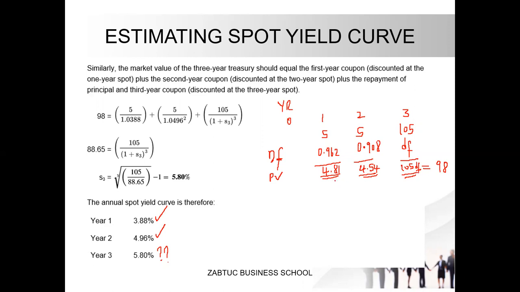Now you know. That plus that gives you 98. So this one, you take it that side. That one, that side. So what do you remain with now? You've got 105 DF equals 98 minus 4.81 minus 4.54.